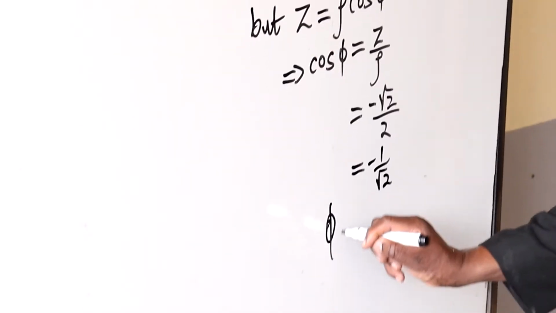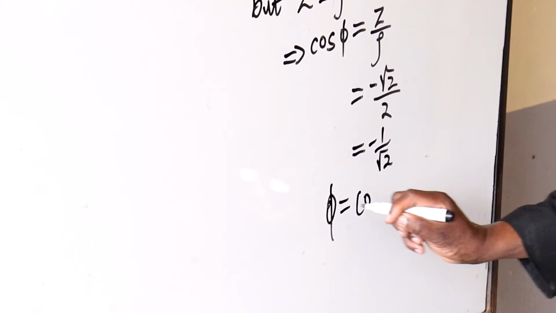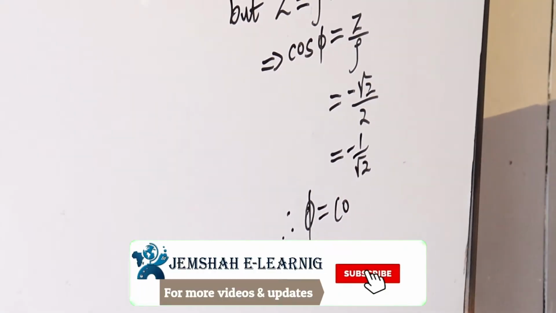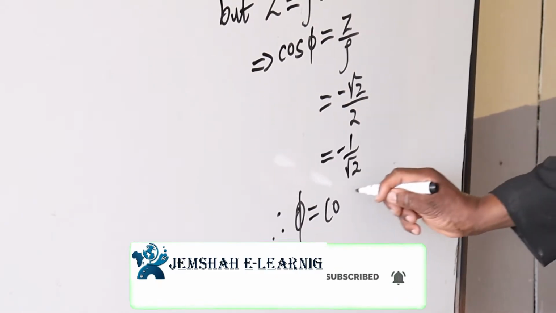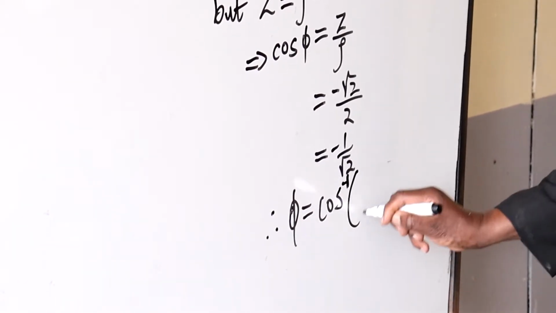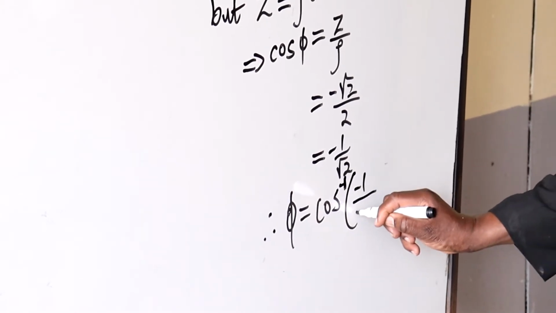Therefore phi will be equal to cos inverse of negative 1 over root 2.